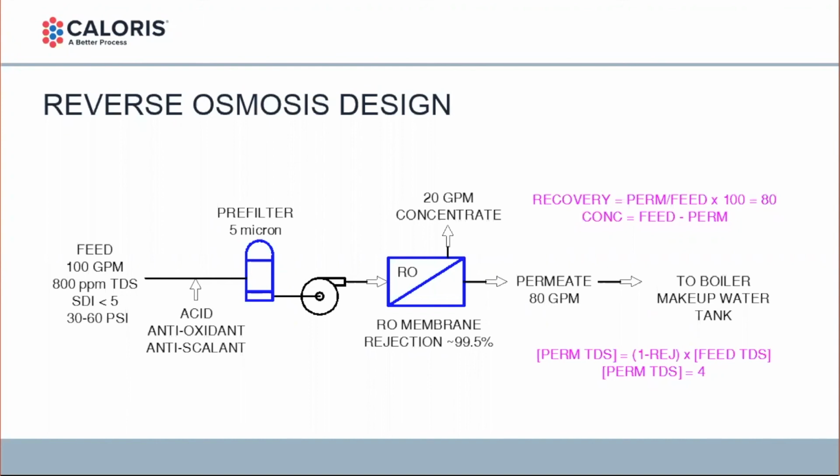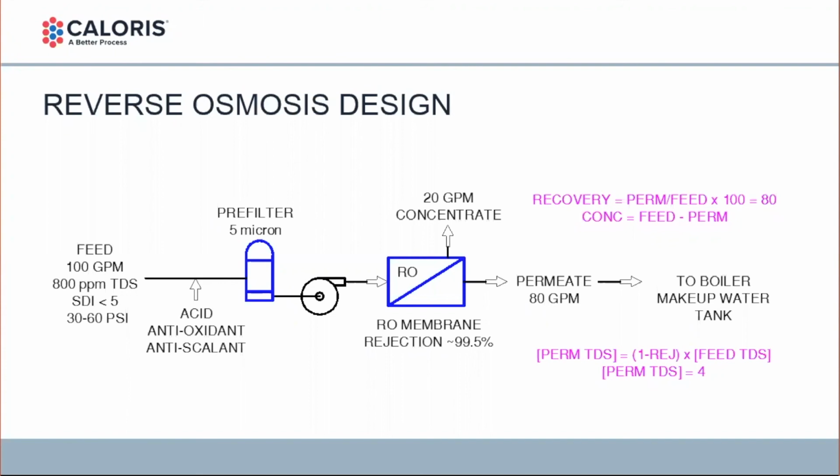On the process side, for this example, let's just say we've got a boiler that requires 80 GPM. So from that software, we determined already that by using anti-scalant and acid, we can get to an 80% recovery on this particular RO.